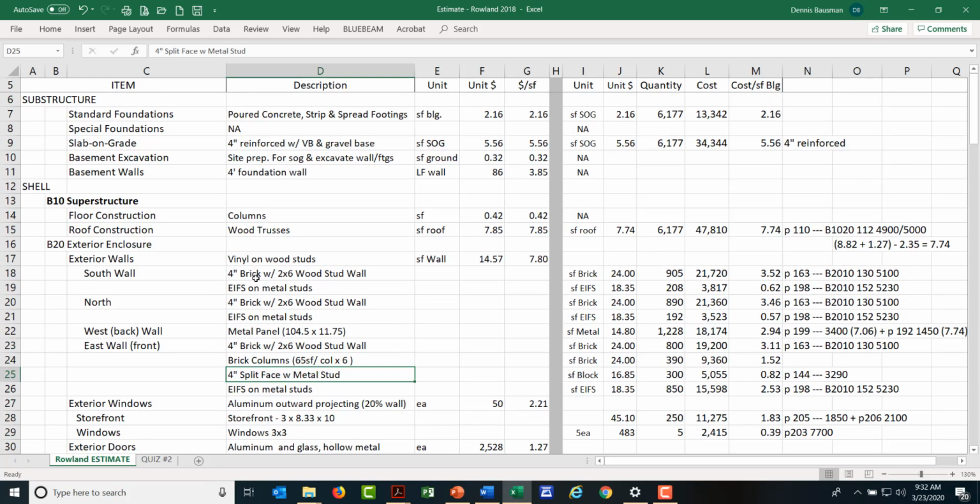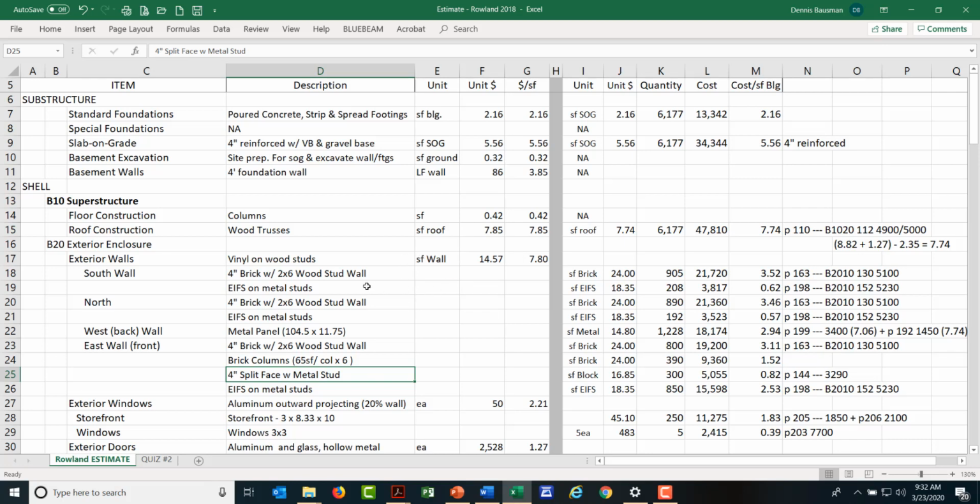Now, on the exterior walls, this is where it's going to get dicey for you on your project. You have to do some takeoff. The baseline here is vinyl on wood studs. That isn't what we have.